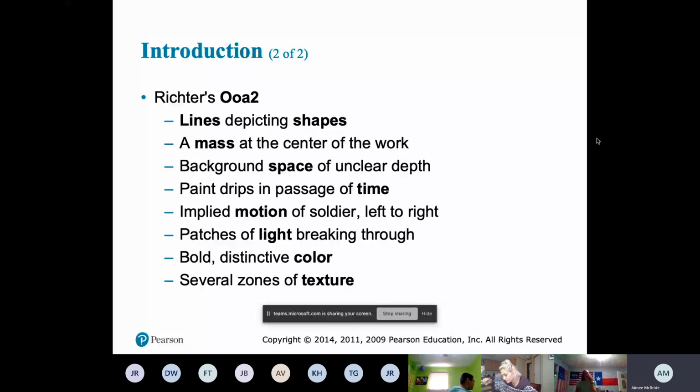We have lines that we're going to be looking at for this section, and the way that you can use different lines to make shapes. We're also going to be looking at mass. So there's different ways that you can make mass appear. You can make mass appear by using certain colors, and you can make mass appear using lines.